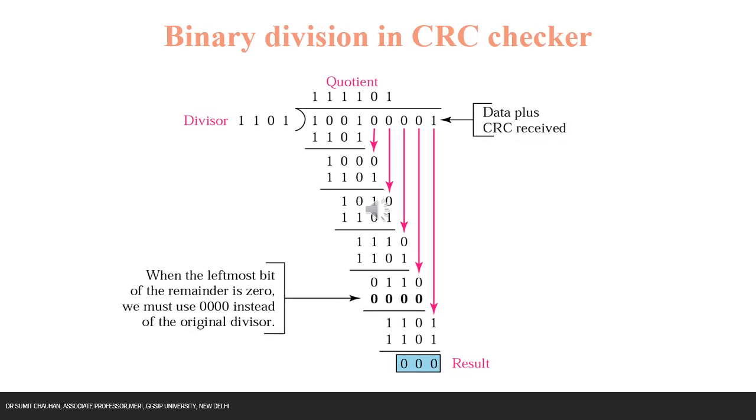At the receiver end, we again divide this, since we have the data as 100100 and 001 as the CRC, that is the remainder at the sender side, that has been included with the data. We divide it again with the same divisor, and now you'll get 000 as a remainder. In that case, the data that has been received is error free.